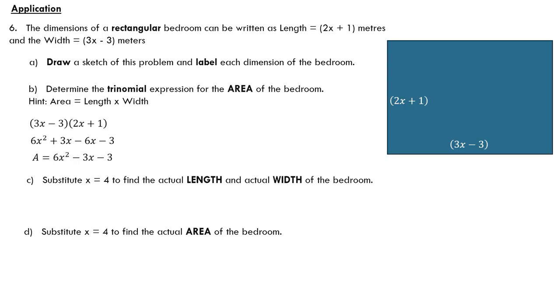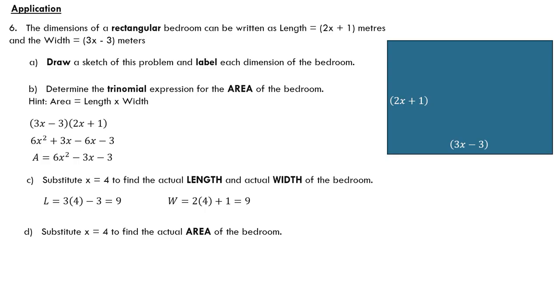Question C tells us that if x equals 4, what are the actual lengths and width of the bedroom? So we'll just take that 4, we'll plug it in for the length, ending up with a length of 9, and our width, which also happens to be 9, which tells us that our bedroom is actually a square.